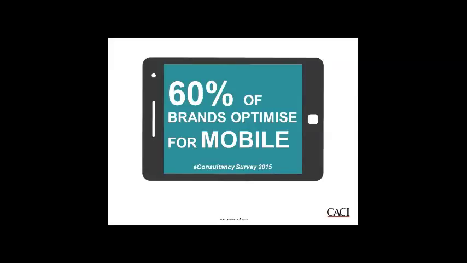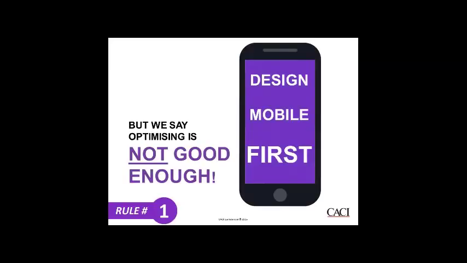In this year's e-consultancy survey, 60% of organizations responding said they were optimizing their emails for mobile viewing, which is great, an improvement on the 40% from the previous year, but we say that's not good enough. So if more interactions are happening with an email on a mobile device, then we should take a mobile-first approach. So rule number one, take a mobile-first design approach to email marketing.